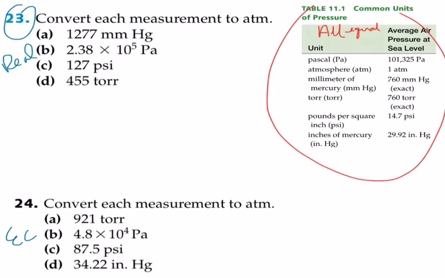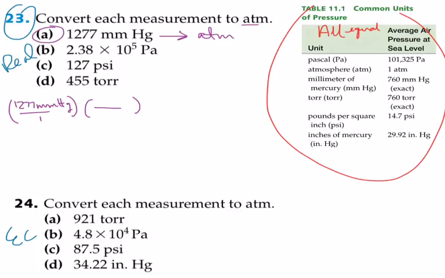So for instance, let's set the first one up. If we're looking at A, basically you're supposed to go from millimeters of mercury to ATMs, atmospheres. So the first term is going to be 1277 mmHg over 1, and then your next term you're going to get from the table.